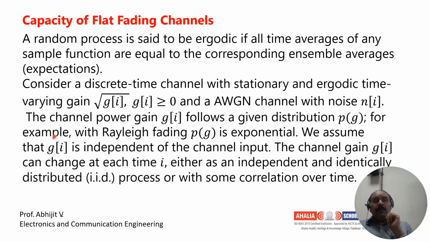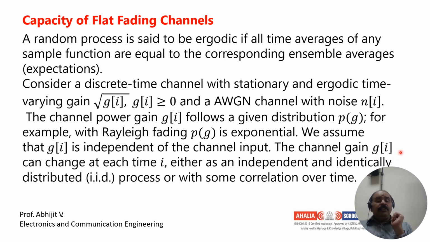The channel power gain g of i follows a distribution p of g. For example, let us consider Rayleigh fading, where p of g is exponential. We assume that g of i is independent of the channel input.